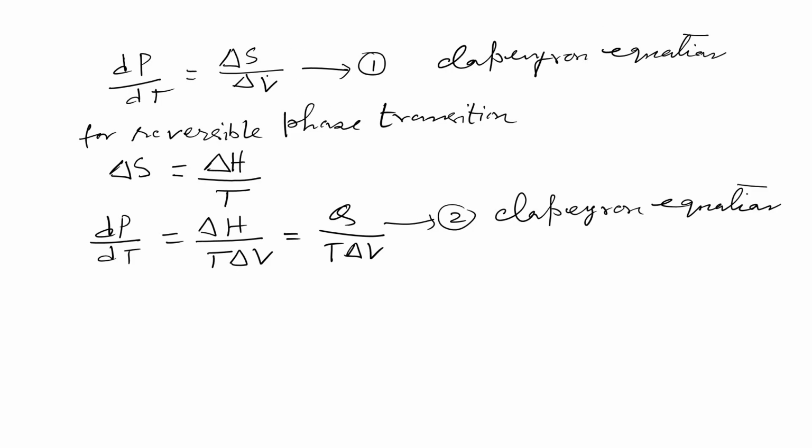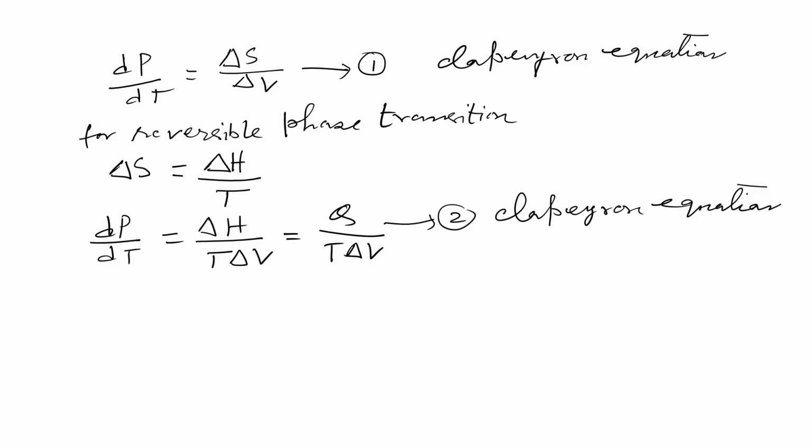Now in this Clapeyron equation, delta S is the entropy change during phase transition from beta to alpha phase, and delta V is the volume change during the transition from beta to alpha phase.